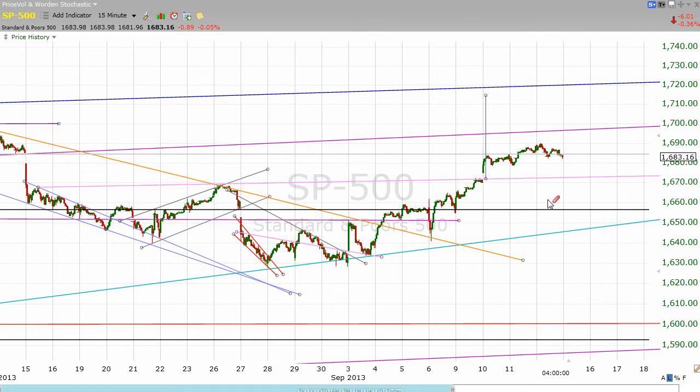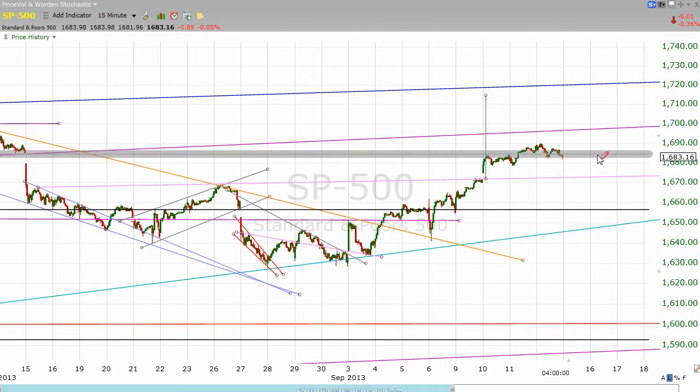And because we are over this line now, I believe if we see a little bit more weakness, this proposed neckline has a chance of giving us some support. So I would look to this line as support. I would look to this line as resistance.